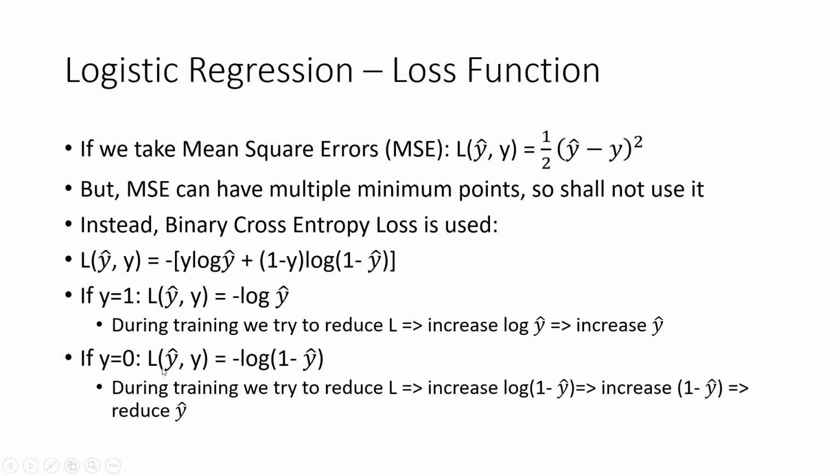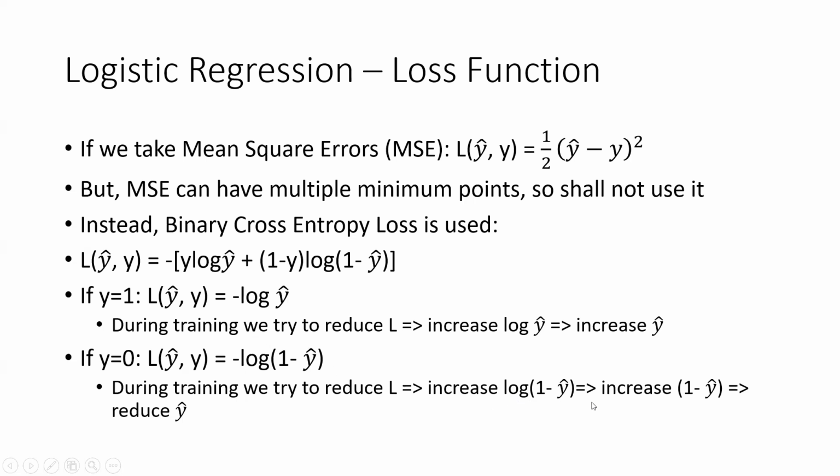If y equals 0, right? This y will be 0, so this term will become 0. Then this 1 times log 1 minus y hat, this minus would be there, right? So in this case, minus log 1 minus y hat. This would be the term when y is 0. So during the training, when you are trying to reduce the loss, this value should become high, so we are trying to increase the log 1 minus y hat.